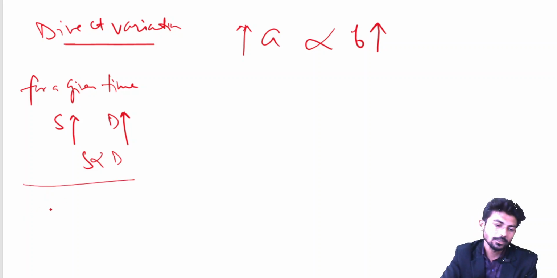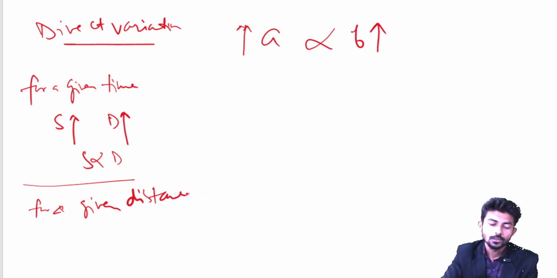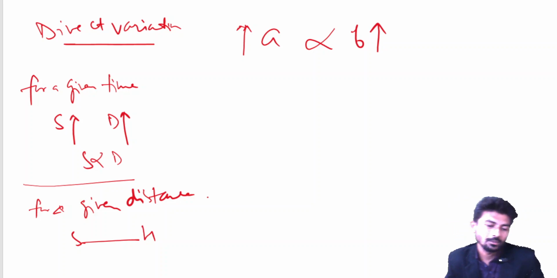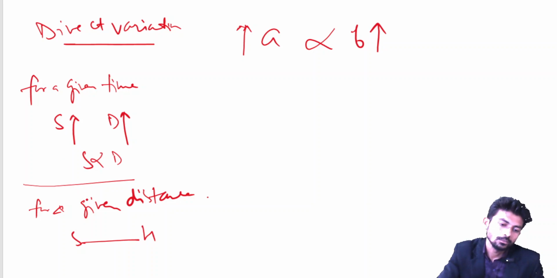And again for the same kind of concept, if we say that for a given distance, it means distance is remaining constant. Like if we say this is school, this is home, the distance between the school and home is not getting changed, it will remain the same.